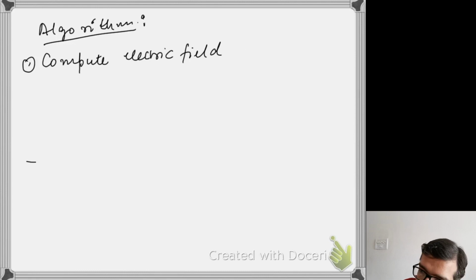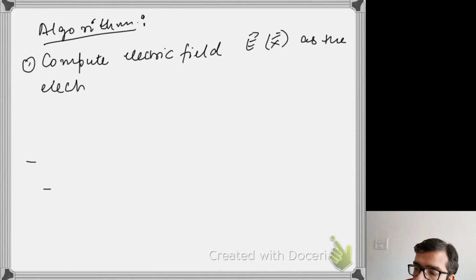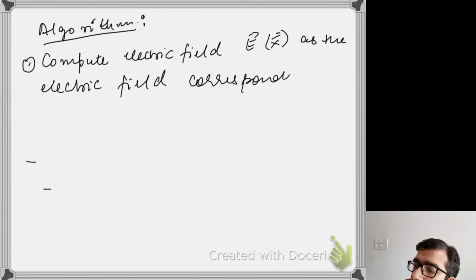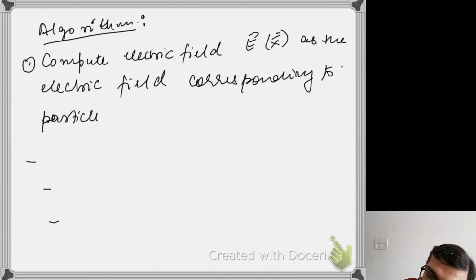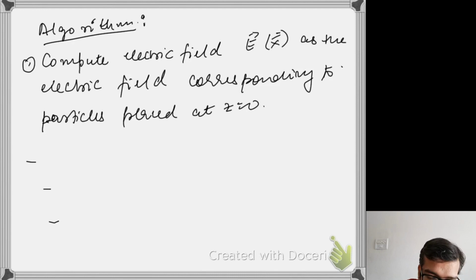So compute the electric field E(x) as the electric field corresponding to particles placed at z equals 0 in plane R^(n+1).